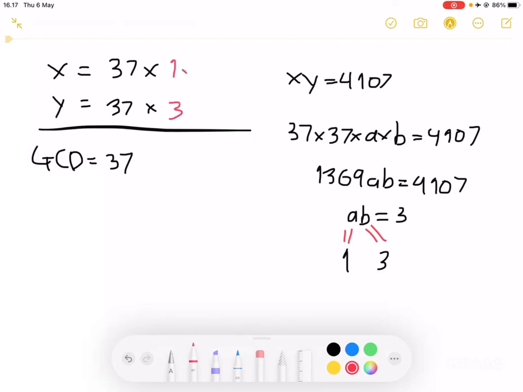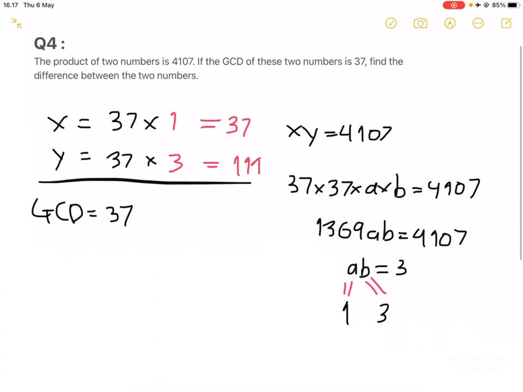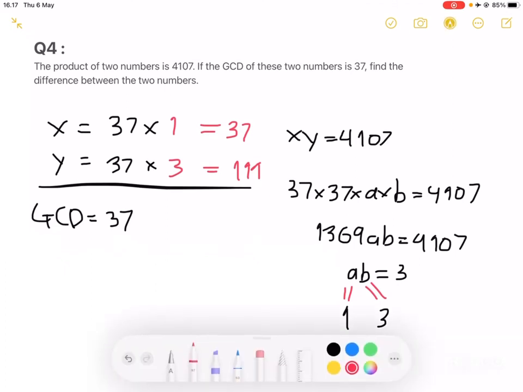The positions of 1 and 3 could be switched, whichever you want. Therefore, our numbers will be 37 and 111 respectively. Therefore, what is the question asking us? The difference between the two numbers, which will be 111 minus 37, which is equal to 74.